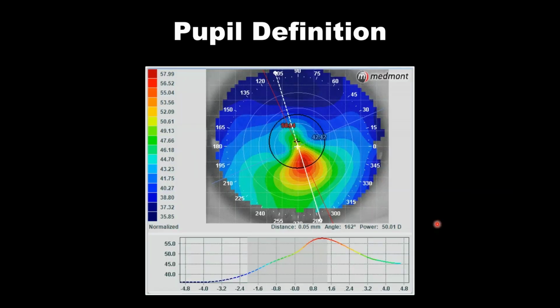Hey, so speaking of pupil, let's talk for just a second about this area on the graph. You'll notice that what Medmont does is it gives you an outline of the action within the pupil. So across this white axis line here, you see the power distribution from the top of the pupil here to the bottom of the pupil right here.